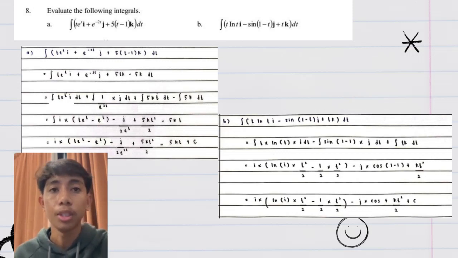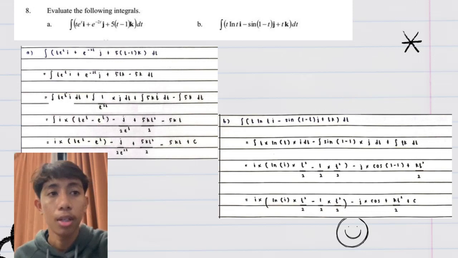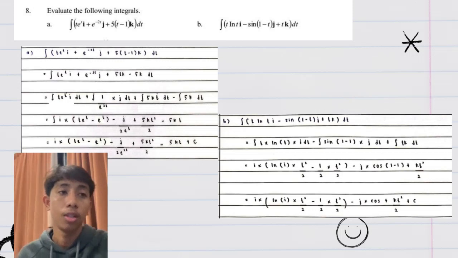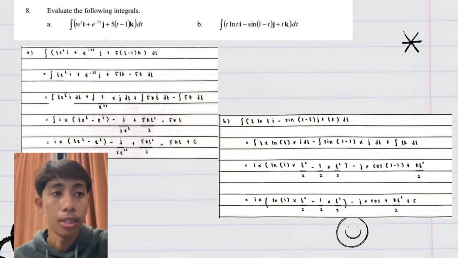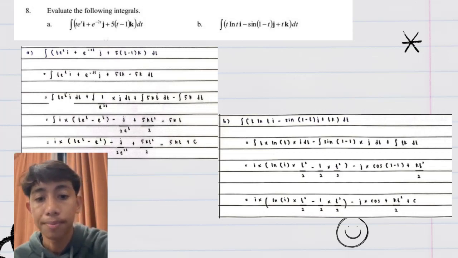And for question b, we use the same method as question 8a, and the final answer is i multiplied by ln i multiplied by t squared over 2 minus 1 over 2 multiplied by t squared over 2 minus j multiplied by cos 1 minus t plus kt squared over 2 plus c.